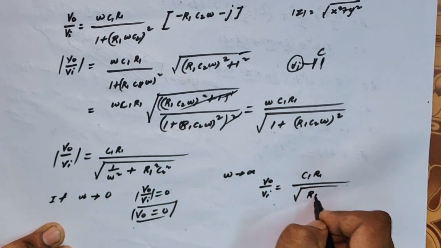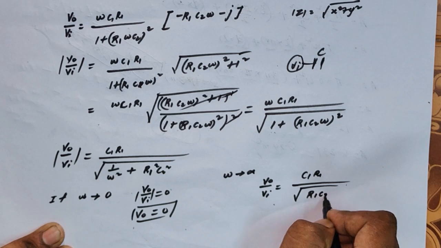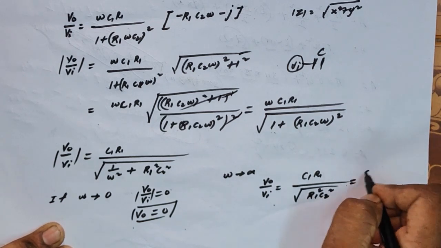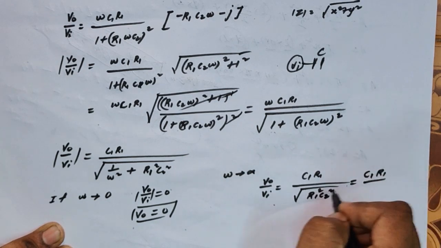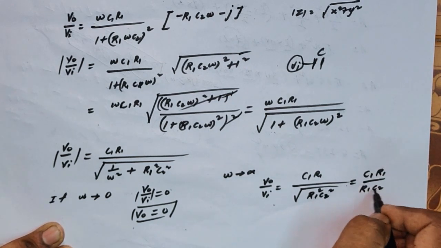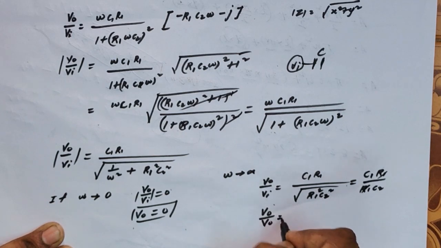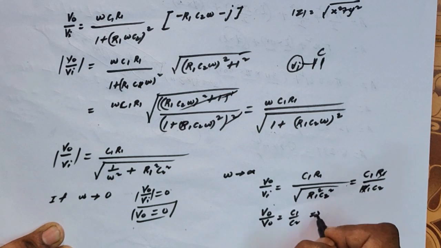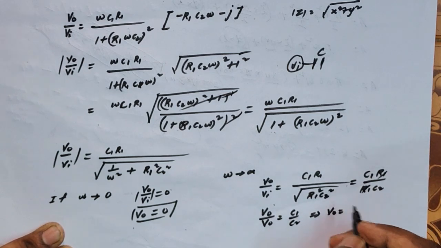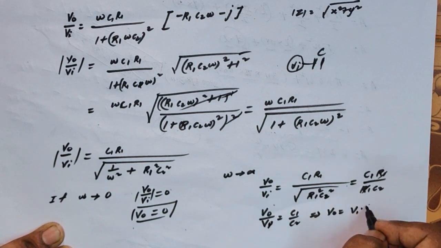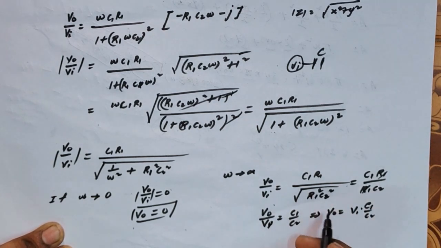It will give (R1 C2) whole square. If you take the square root, it will give C1 R1 over R1 C2, and R1 and R1 will get cancelled. So V naught by Vi will be non-zero. It will be C1 by C2. That means there is a finite V naught, which is Vi times C1 by C2. So the output voltage will be there.